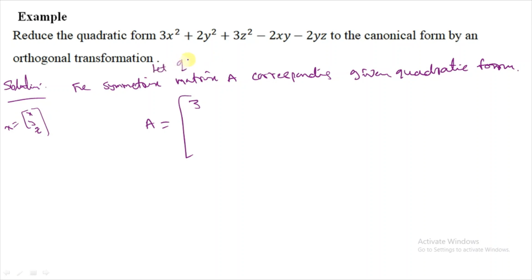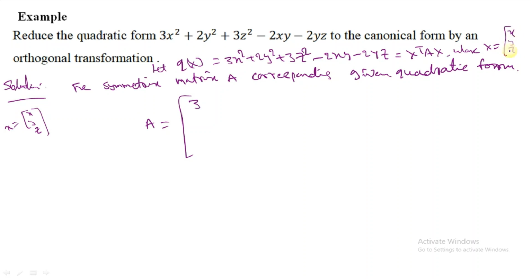Let Q of x equal the given quadratic form, x squared plus 2y squared plus z squared minus 2xy minus 2yz, the same as x transpose A x, where x is x, y, z.